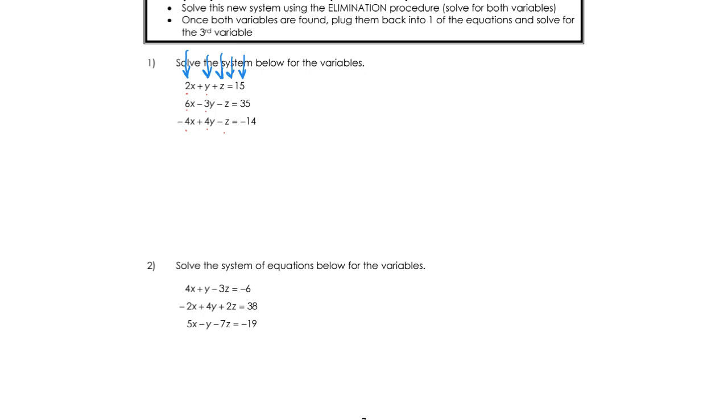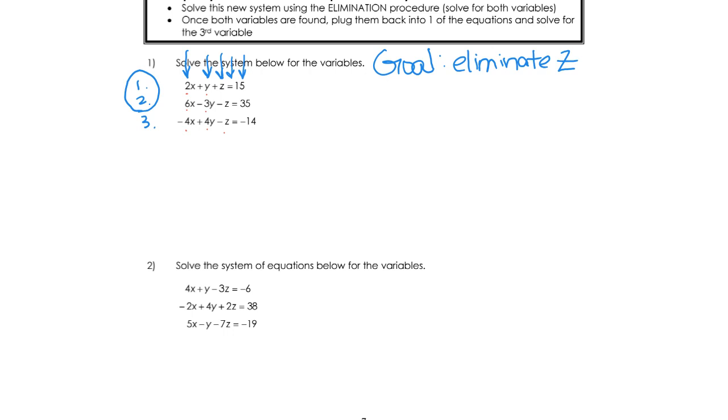So we're going to go ahead and set up our first goal. And we're going to eliminate z. We're not going to do it once. We're going to also do it a second time, okay? And so I'm going to number these equations so we can talk about them easier. But equation number 1 and number 2 already have z's where they're opposites.